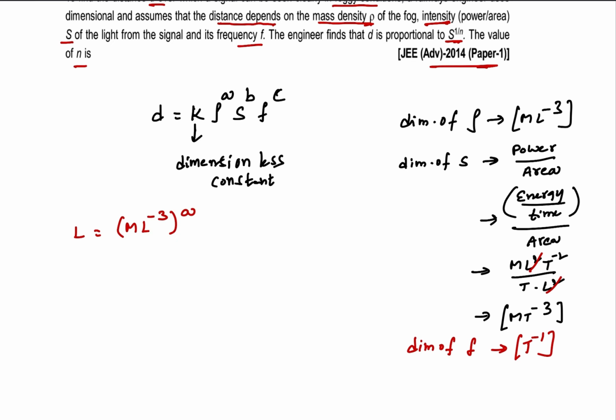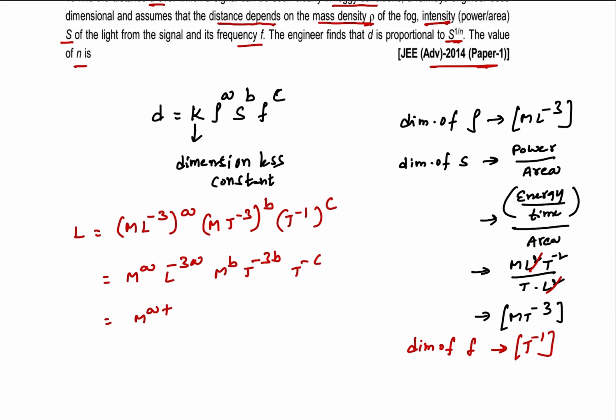K is dimensionless. Density dimension is M L power -3, whole power a. Intensity M T -3, whole power b. Frequency T power -1, whole power c. We get M power a, L power -3a, M power b, T power -3b, T power -c.